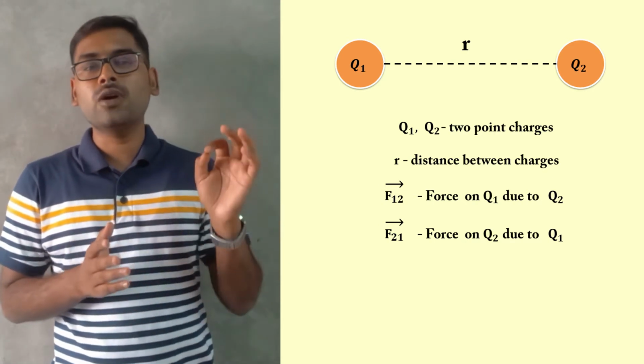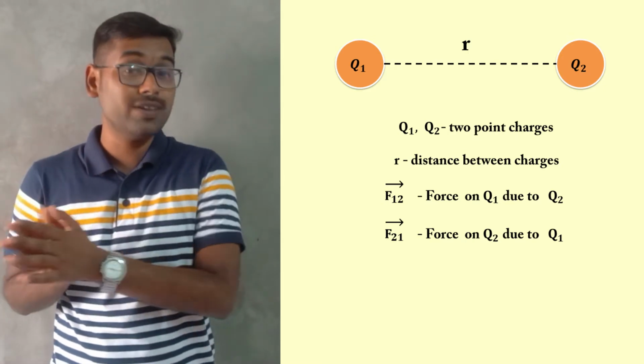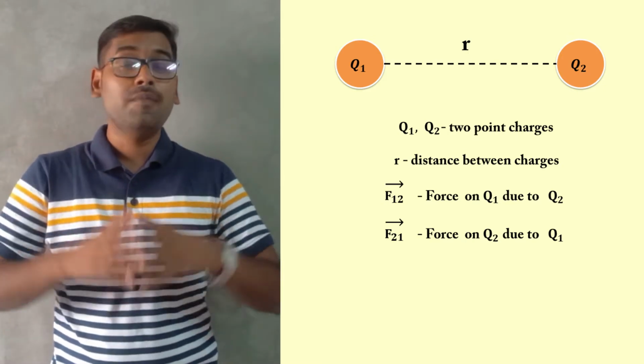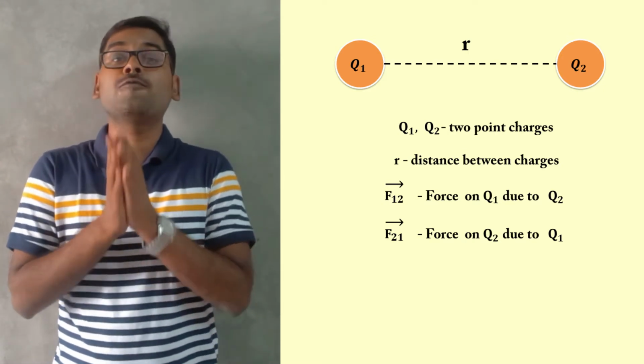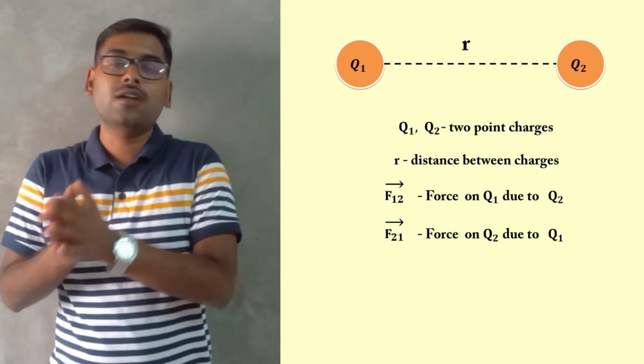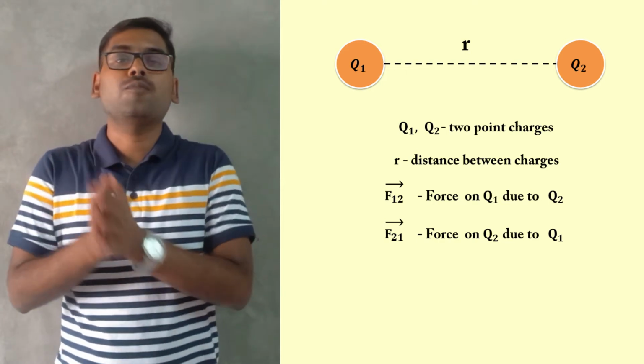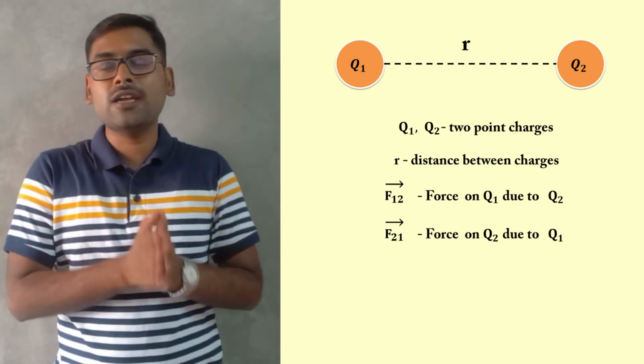The force on Q1 due to Q2 is denoted by F12 and the force on Q2 due to Q1 is denoted by F21. By Newton's third law, we know that forces always exist in pairs. So F12 and F21 are action-reaction pairs. They are equal in magnitude but opposite in direction. So we can write the magnitude of F12 is equal to the magnitude of F21 is equal to some F.